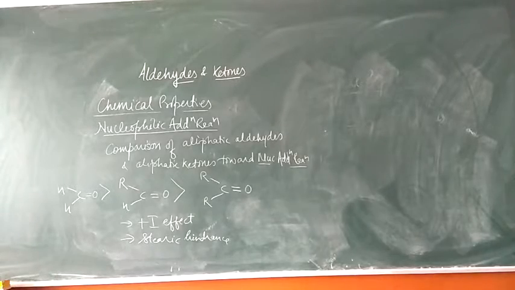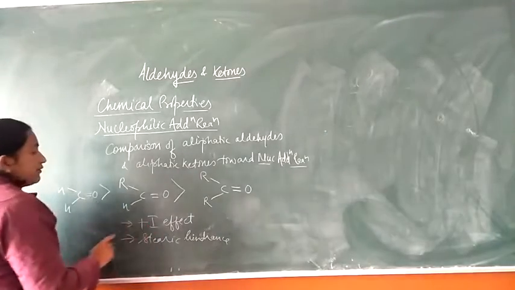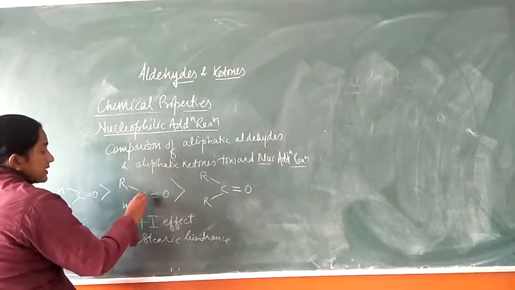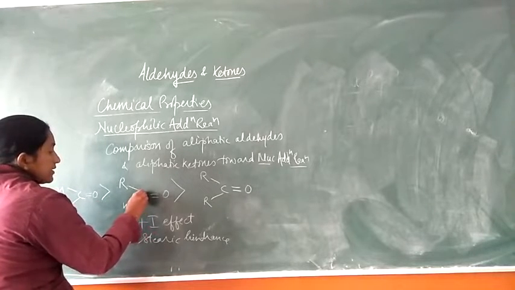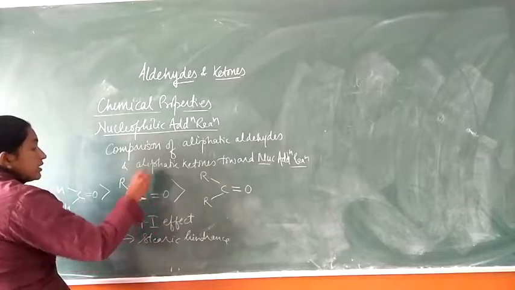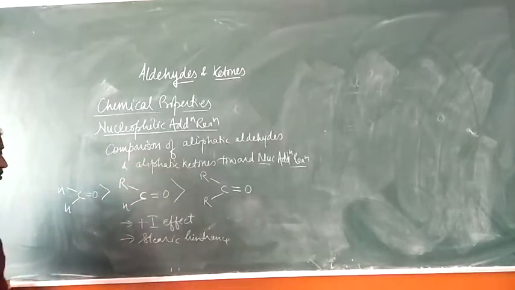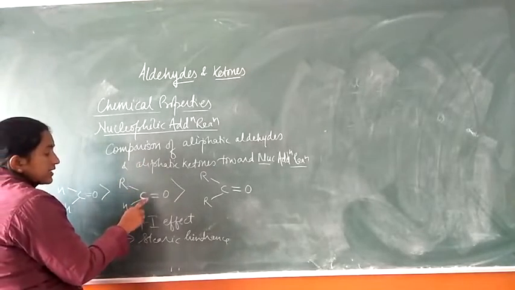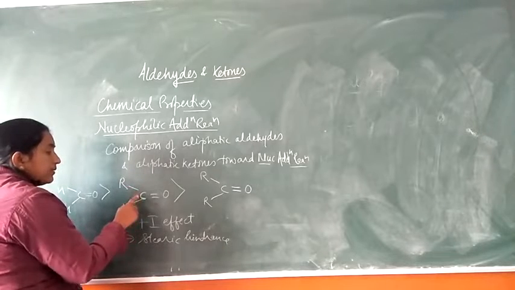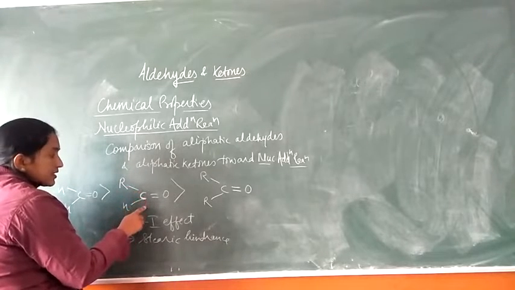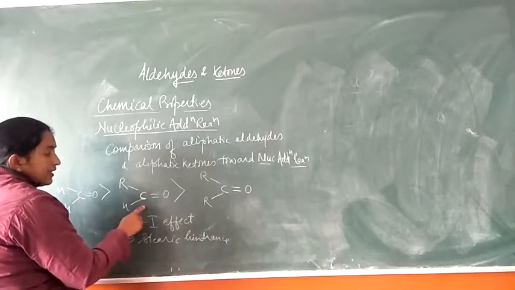Right? So due to the inductive effect, the polar nature, we can say that the positive charge due to which the nucleophile is attacking on this carbon, this electrophilic center, the magnitude of the positive charge gets decreased due to the plus I effect.